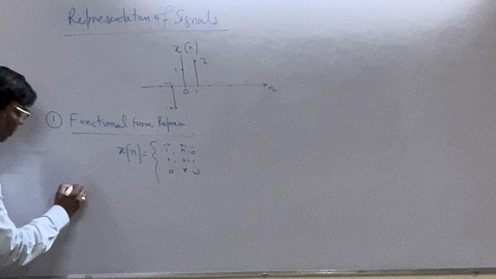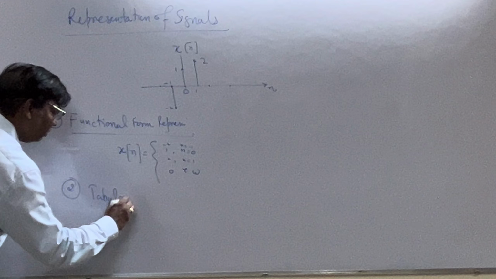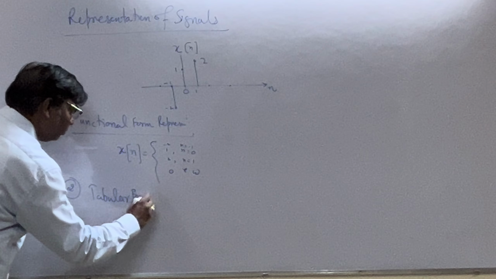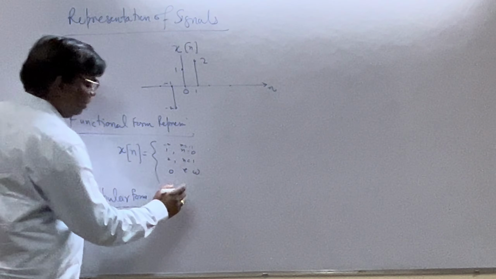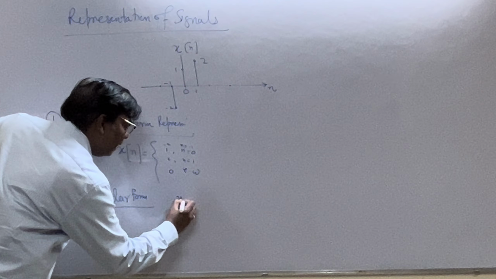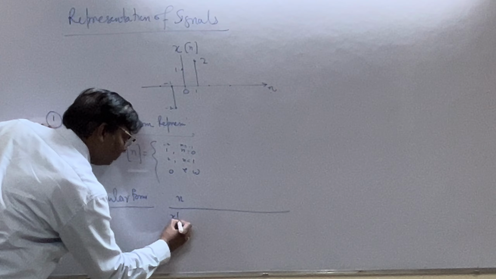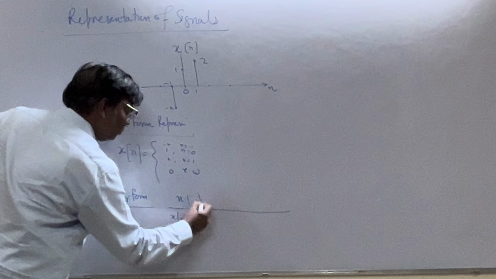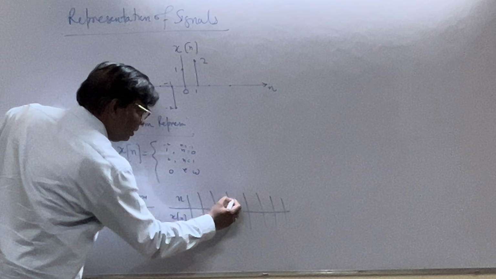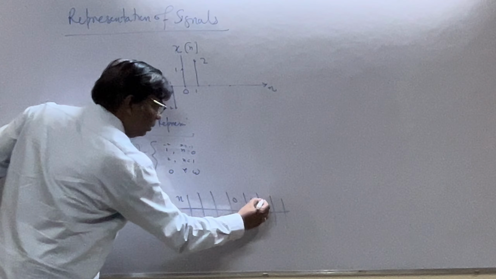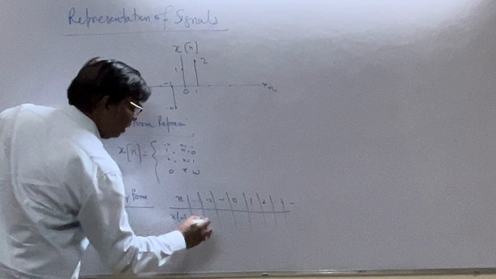Second one is tabular form. We can write the time and corresponding amplitude in a table like this. Suppose time is here 0, 1, 2 and so on, minus 1, minus 2 and so on.